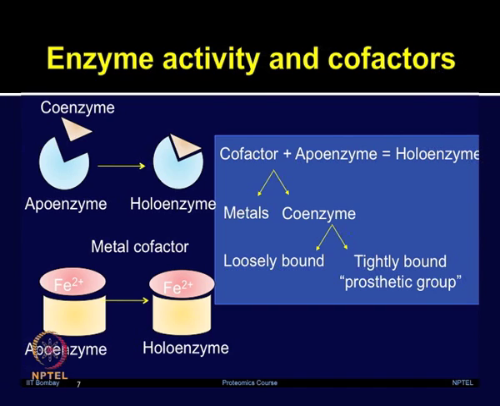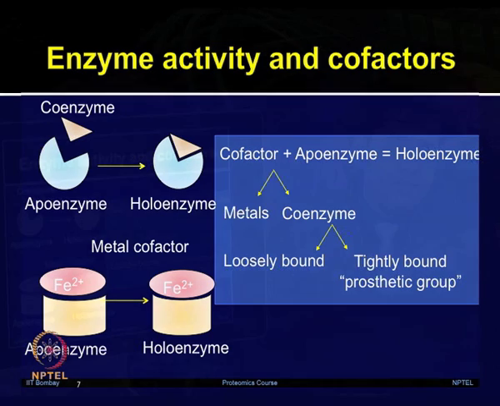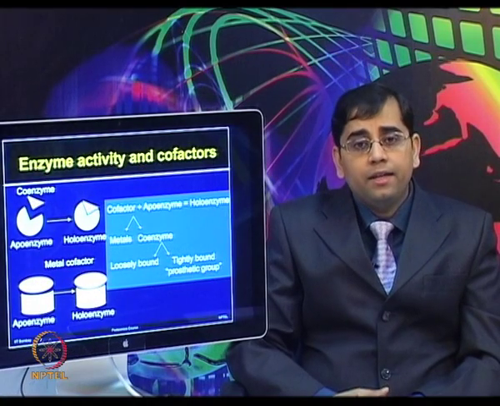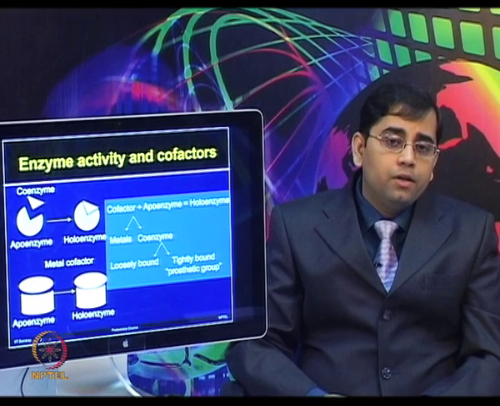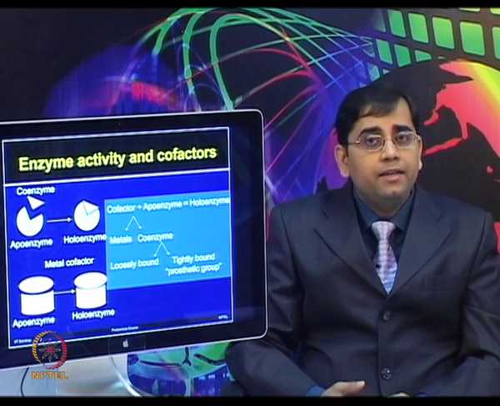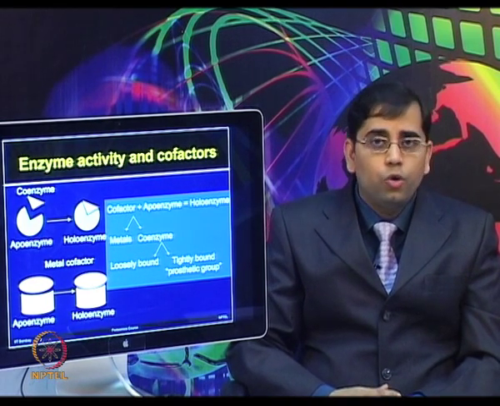The coenzymes are small organic molecules such as those derived from the vitamins. The prosthetic group is a tightly bound coenzyme. The apoenzyme is an enzyme without its cofactor, and the holoenzyme is when you combine cofactor and apoenzyme to give rise to the complete catalytic enzyme.